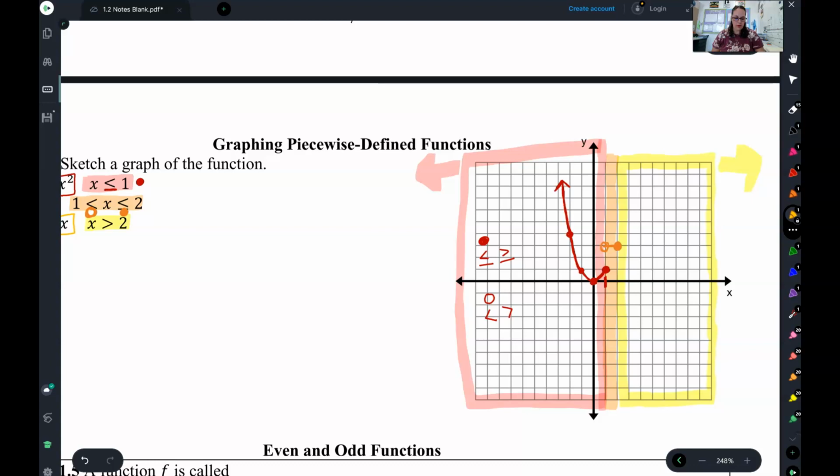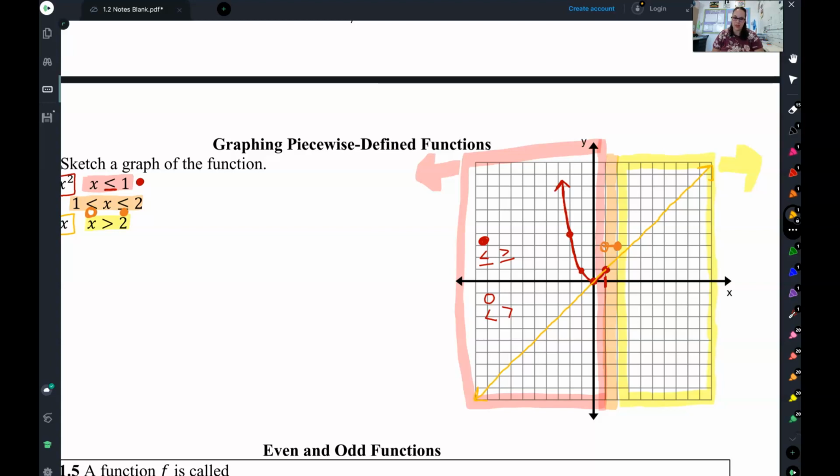Okay, last section, I have x. I know that one. That is my diagonal line, my basic linear function. Now, once again, I only want this drawn in the yellow section.